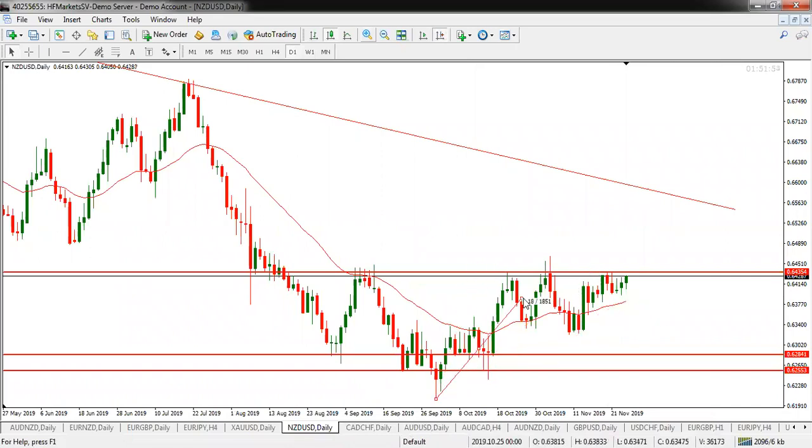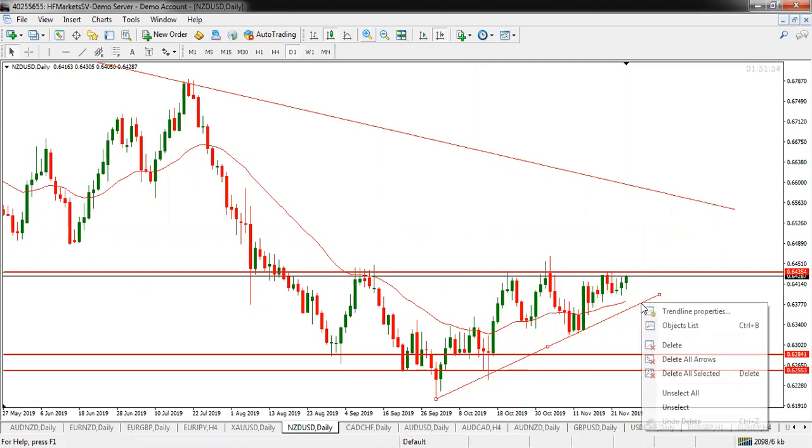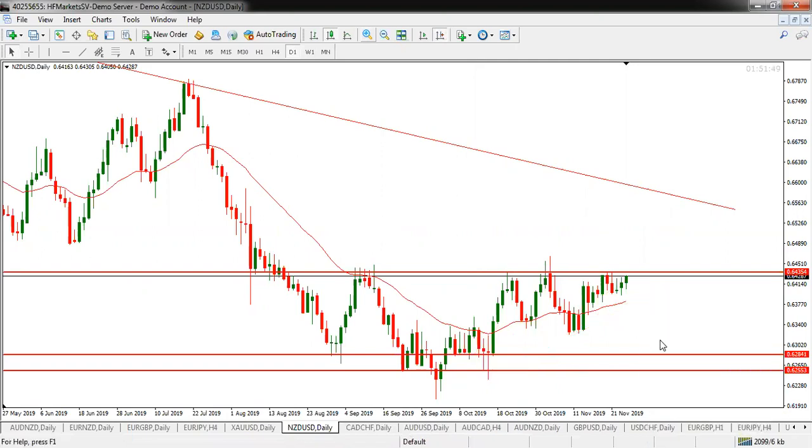So I said that if you are drawing a trend line, let me delete this and draw it again. You pick the line from one angle to the other angle.